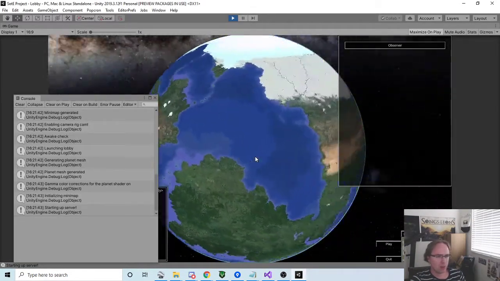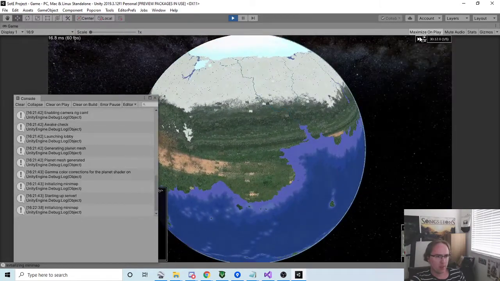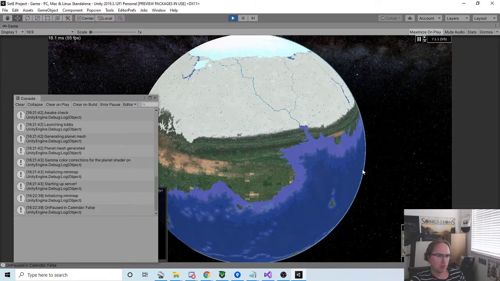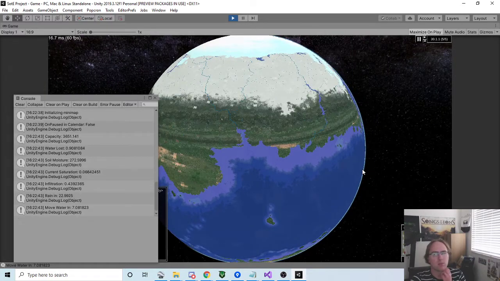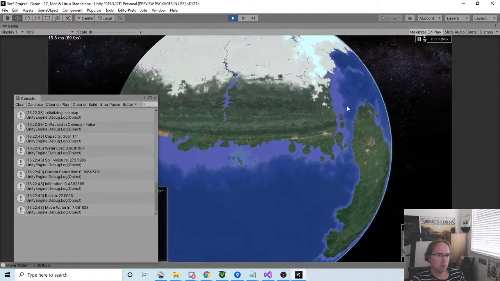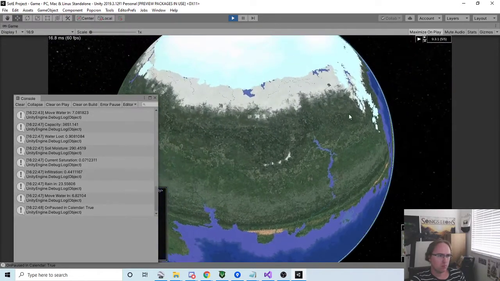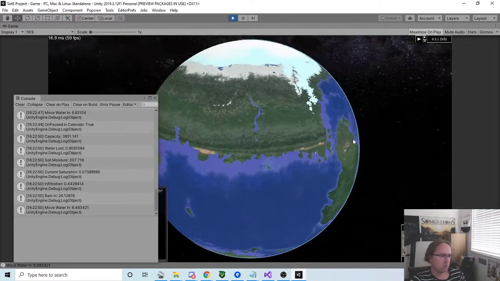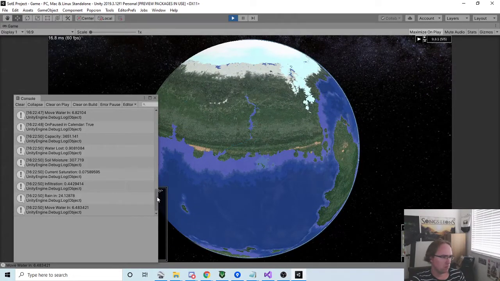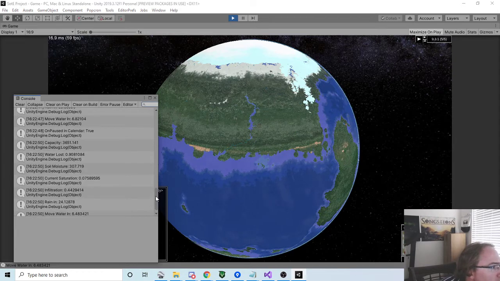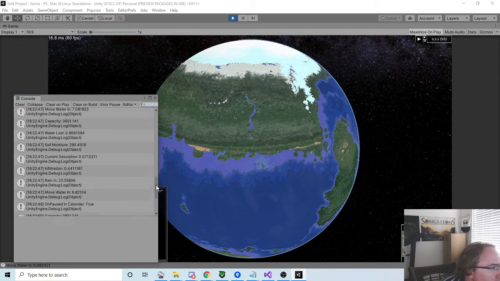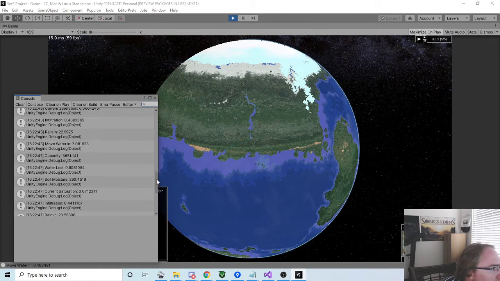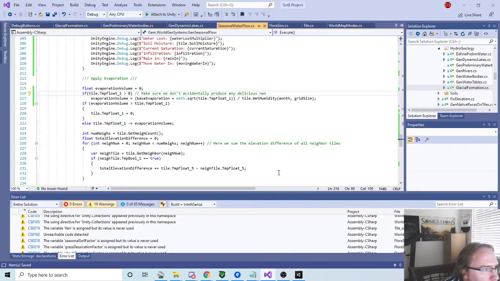Oh, you know, we should track evaporation too in the log. So I'm gonna change that next. Alright, let's go ahead and run this. Let's see, capacity 3,651. Rain in is 23. What was rainfall? Oh, did we not log that out either? Okay, well, let's get busy.